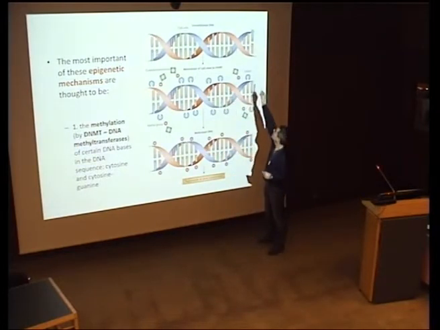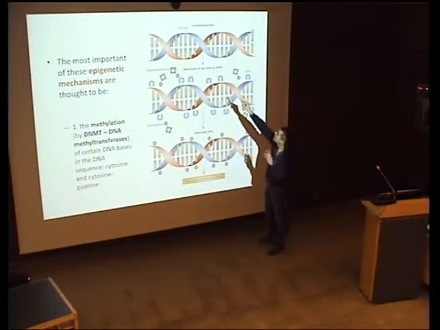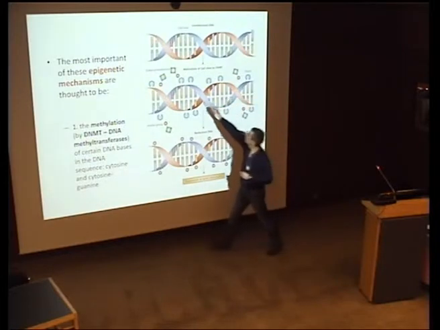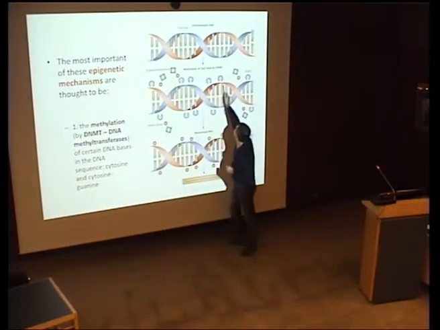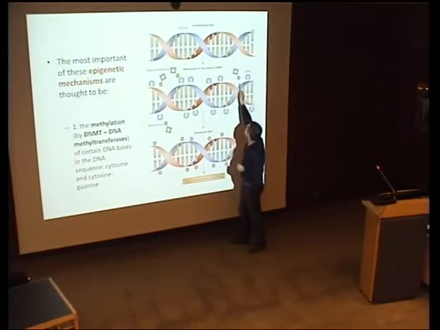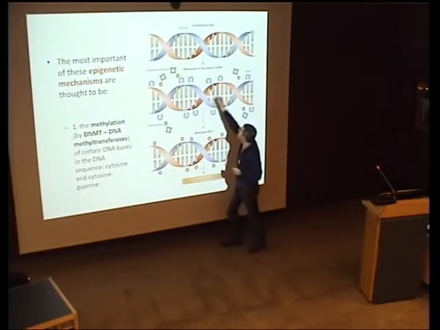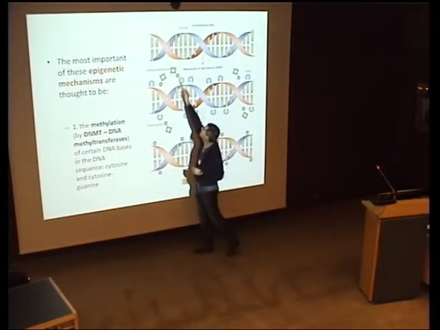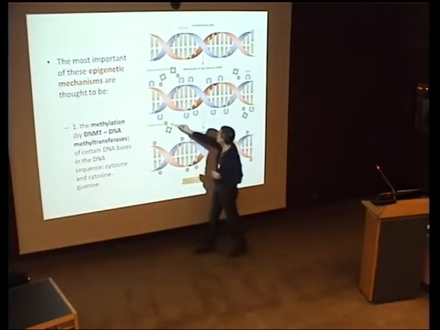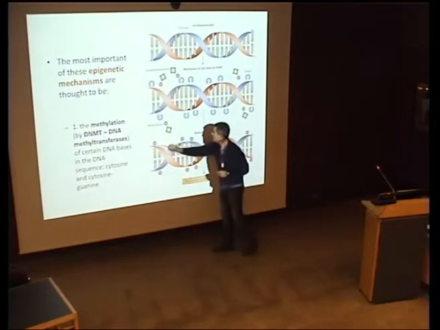You can see in the first image the DNA strand, a CpG site, cytosine guanine site. This is the enzyme, the DNMT. This is the methyl donor, S-adenosylmethionine. This is the methyl group, and this is the result.